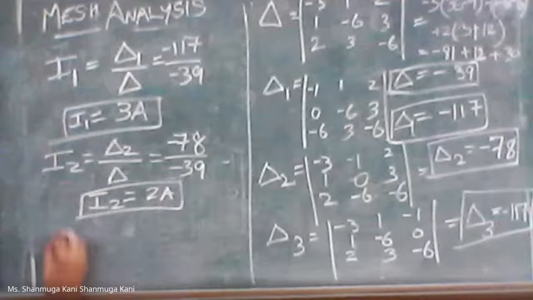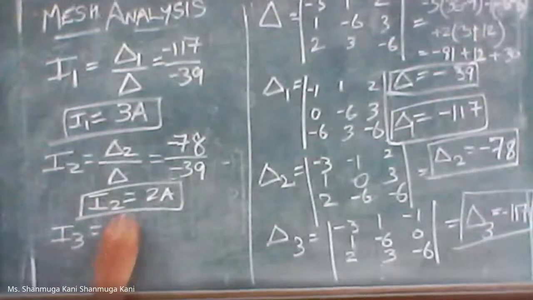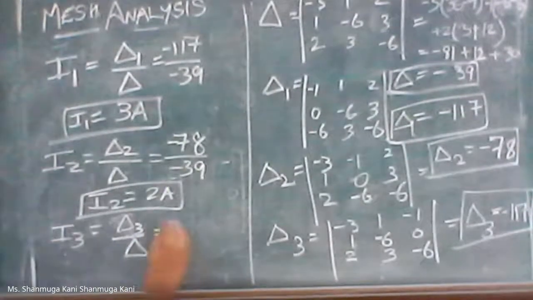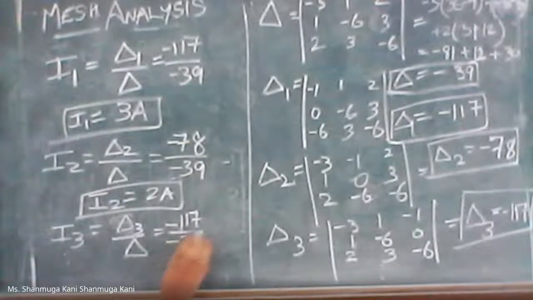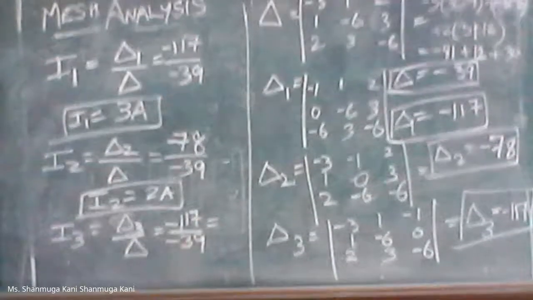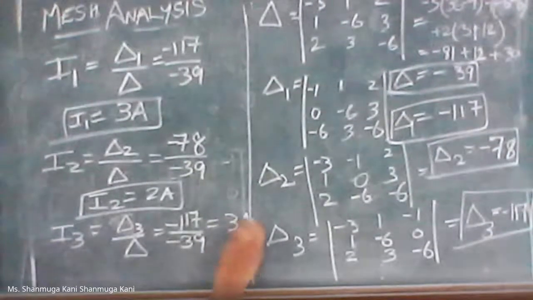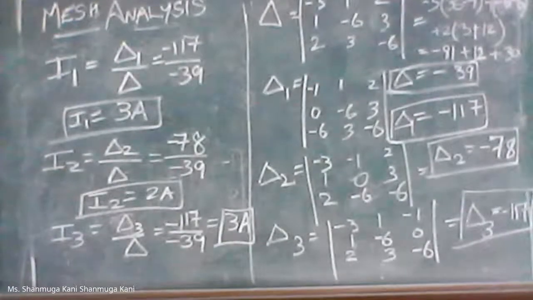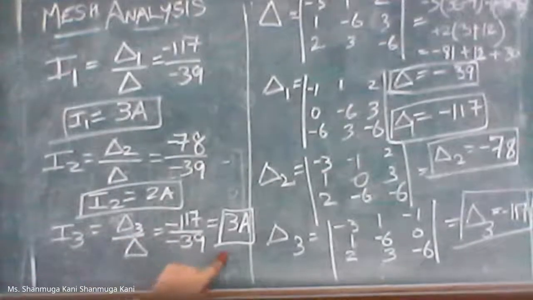Similarly, we can write our I3. The I3 equation will be del 3 divided by del. Del 3 value is minus 117 divided by minus 39. So your I3 value will be equal to amps. So I1 is 3 amps, I2 is 2 amps and I3 is 3 amps.